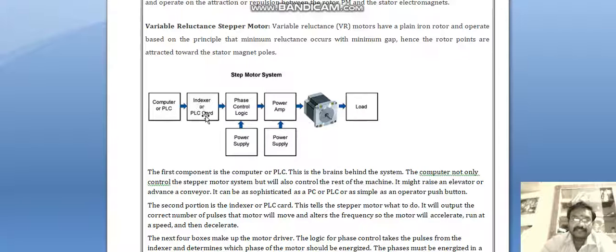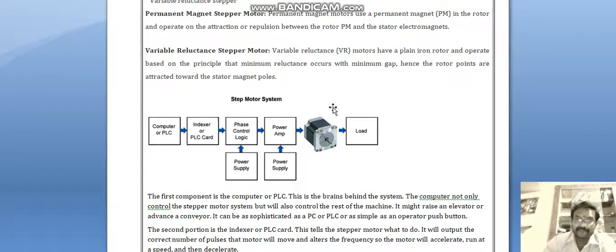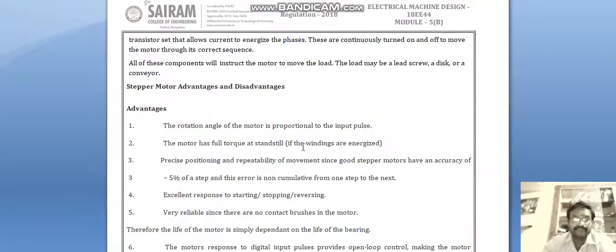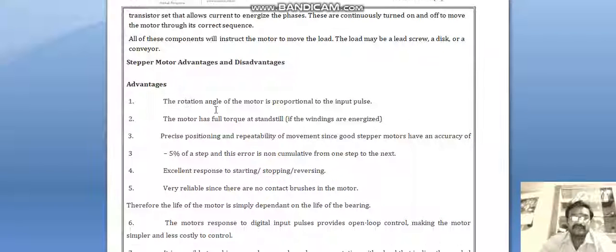The indexer or PLC card gives the pulse signal, and which coil will be energized is selected by the drive, and based on that the rotor gives motion to the load. The stepper motor's advantage is that the rotation angle of the motor is proportional to the input pulses.